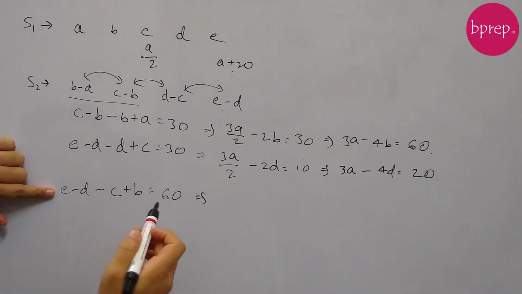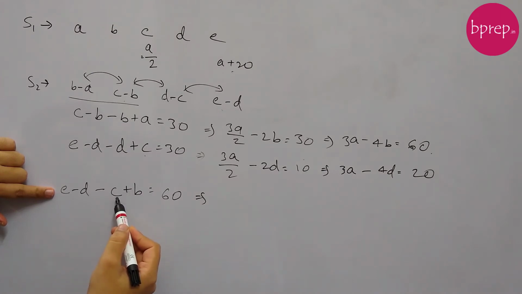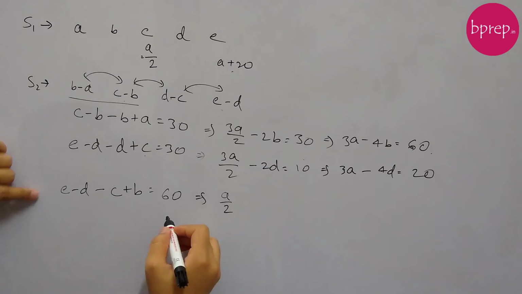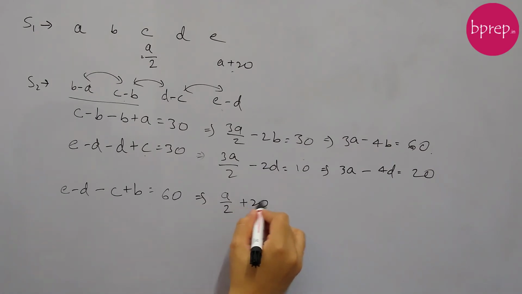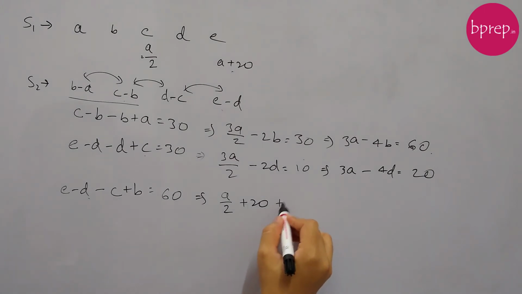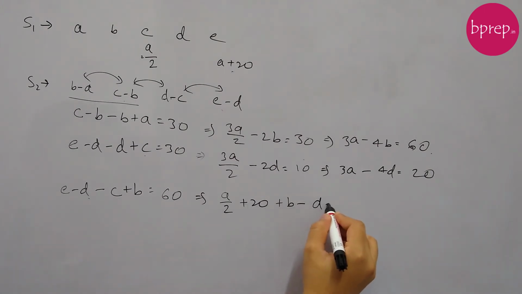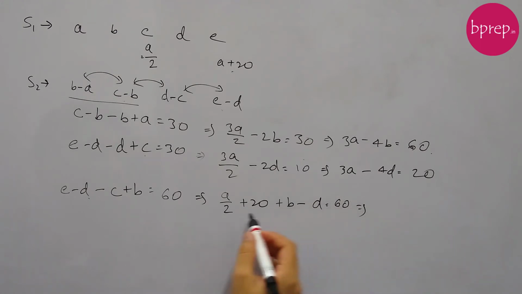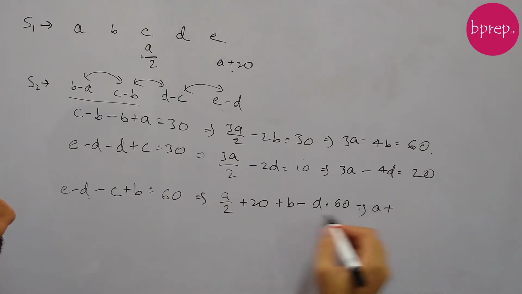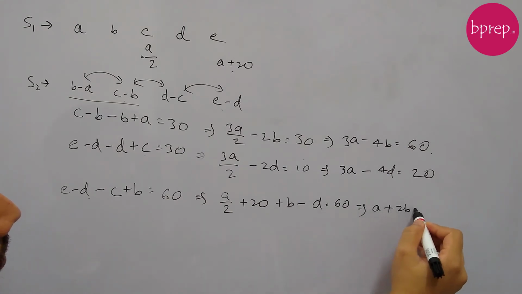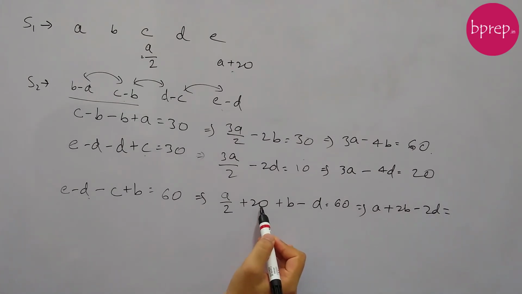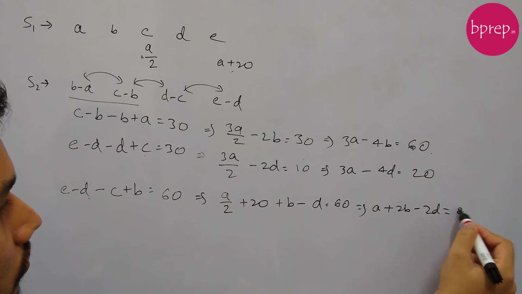E is A plus 20 and C is A by 2, so E minus C will be A by 2 plus 20, and we have plus B minus D equals 60. So this can be written as A plus 2B minus 2D equals 60 minus 20, which is 40, multiplied by 2, so 80.